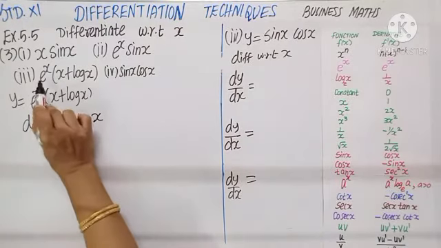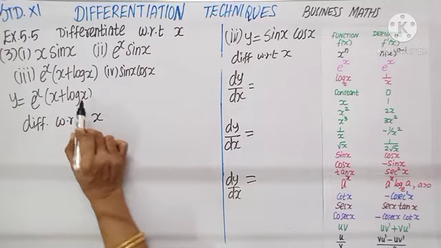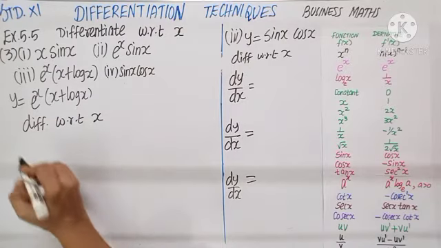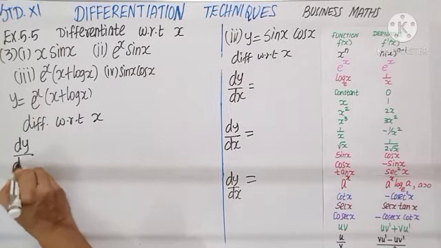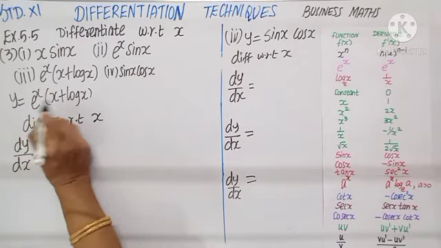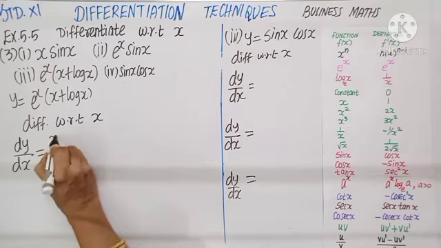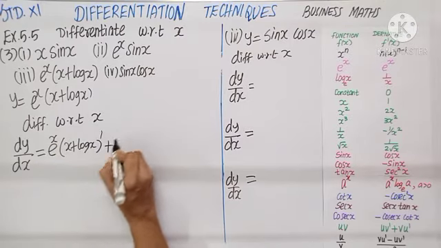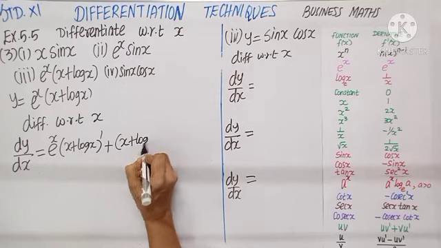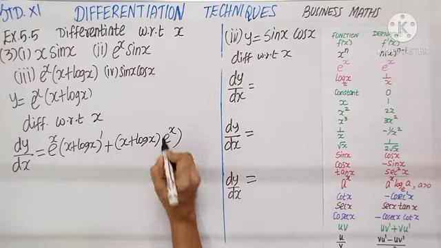Third subdivision, e power x into x plus log x. Differentiating with respect to x, y will become dy by dx. There are 2 terms. Keep the first term, differentiate the second term, plus keep the second term, differentiate the first term.